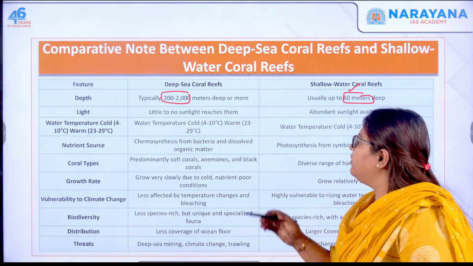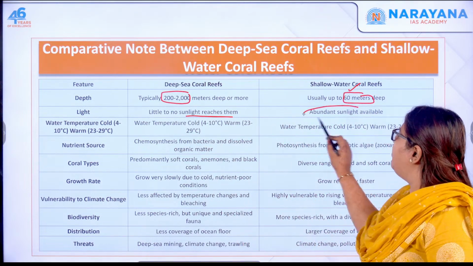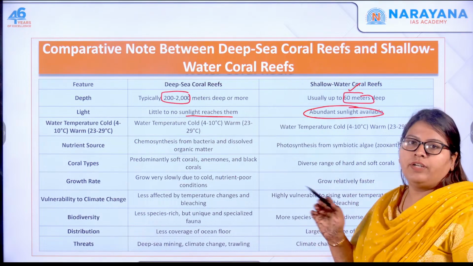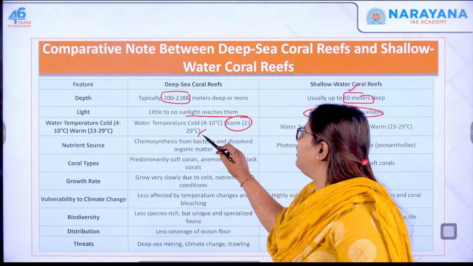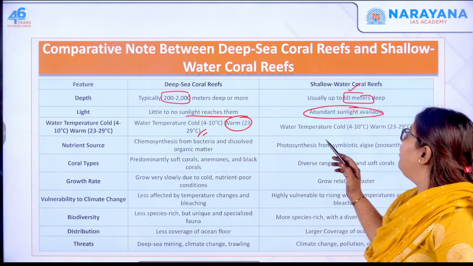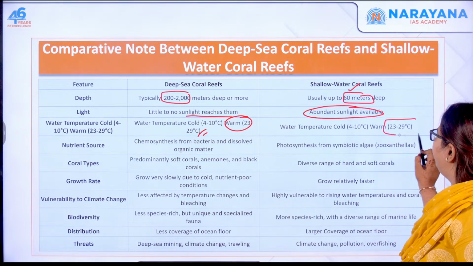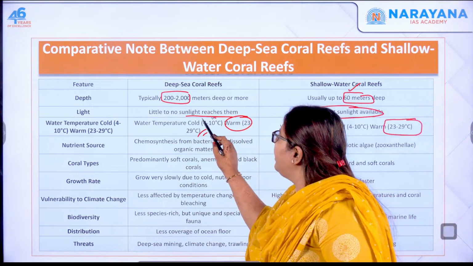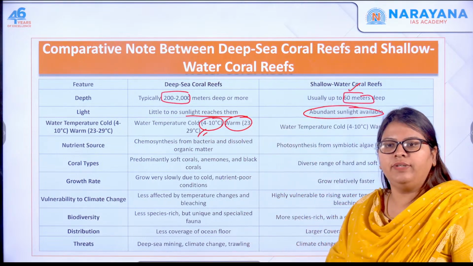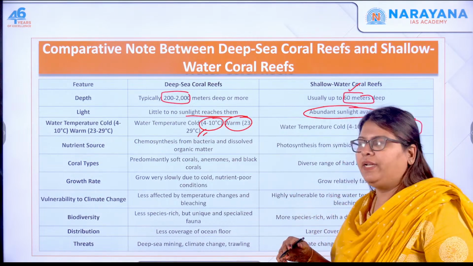So little to no sunlight reaches them. Here if you see, there is abundant sunlight. What should be the water temperature? We saw around 20 to 32, right? So 20 to 30 over here, the warm temperature. Here it is deep sea corals, right? So it can withstand even 4 to 10 degrees, okay? And the warm conditions, it can withstand up to 29 degrees.